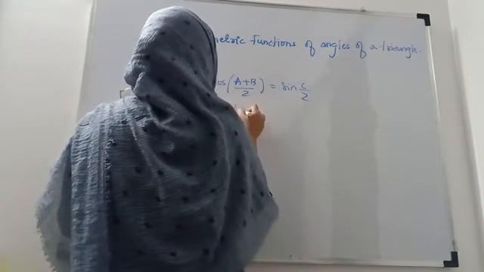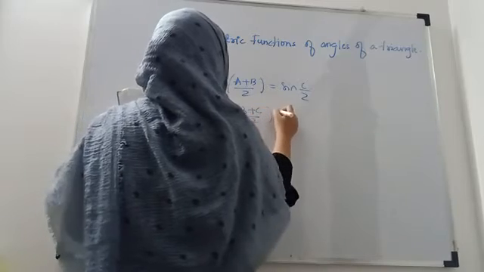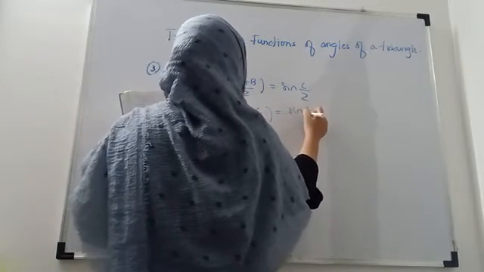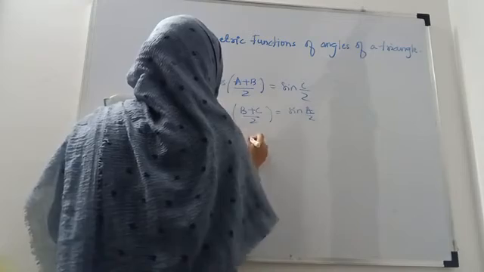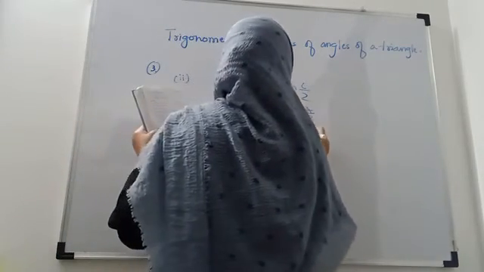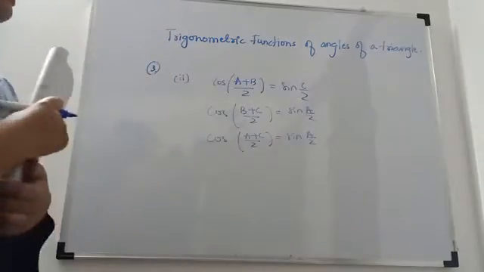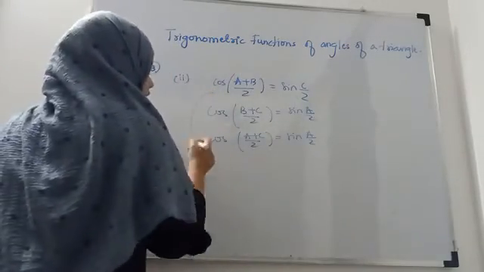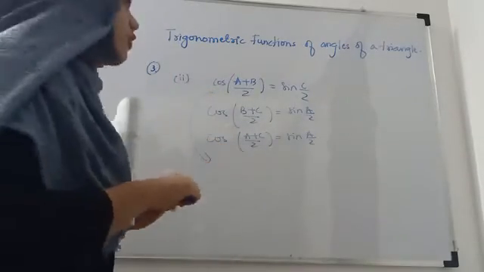Cos (B plus C) upon 2 is equal to sin A upon 2. And cos (A plus C) upon 2 is equal to sin B upon 2.